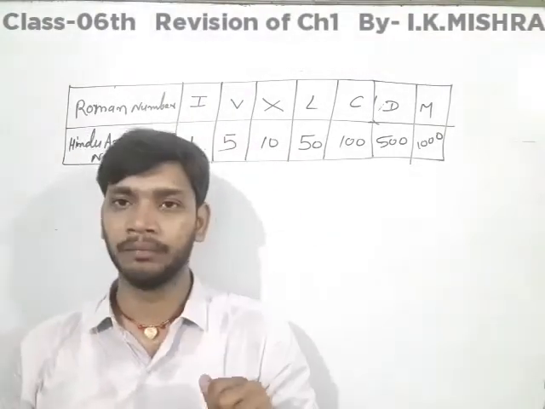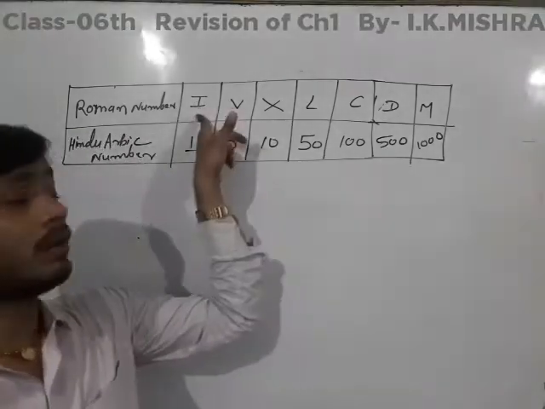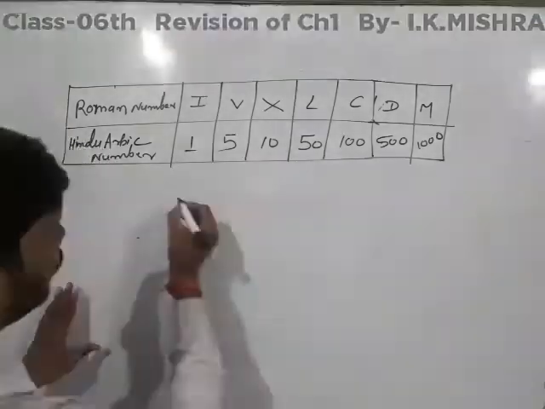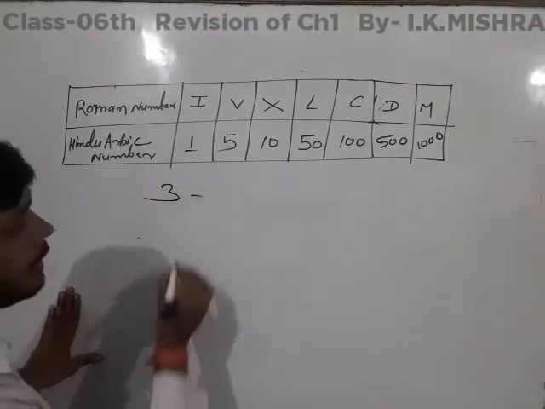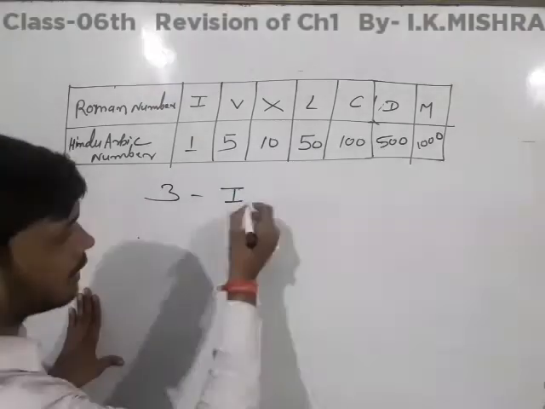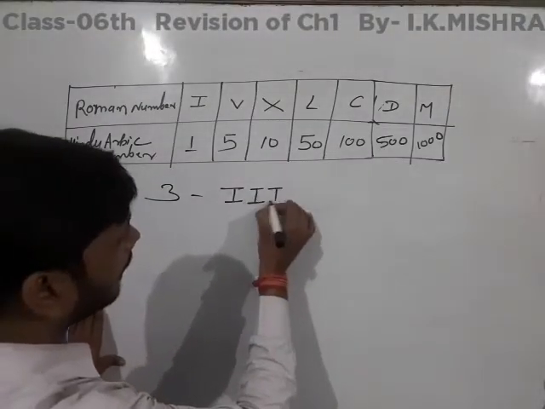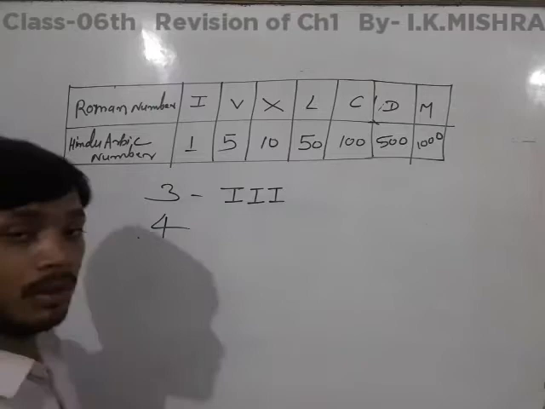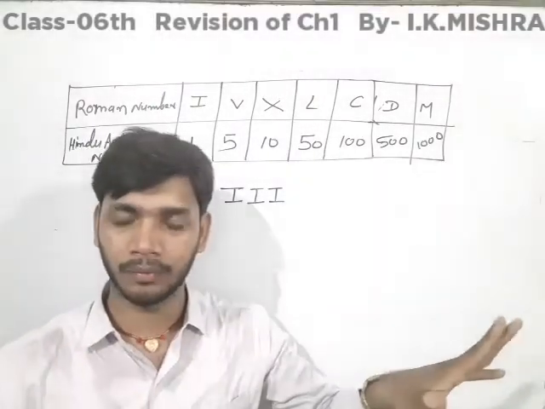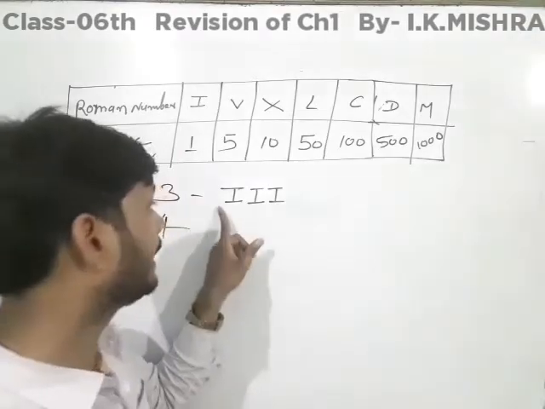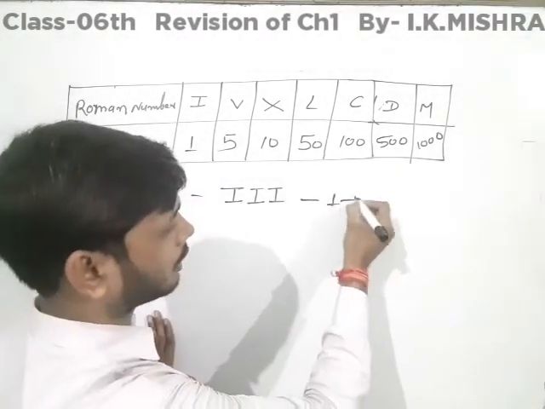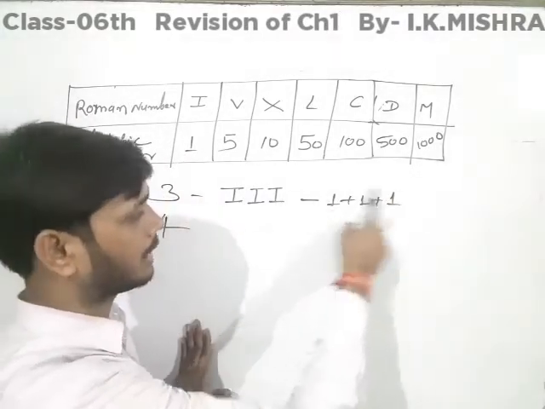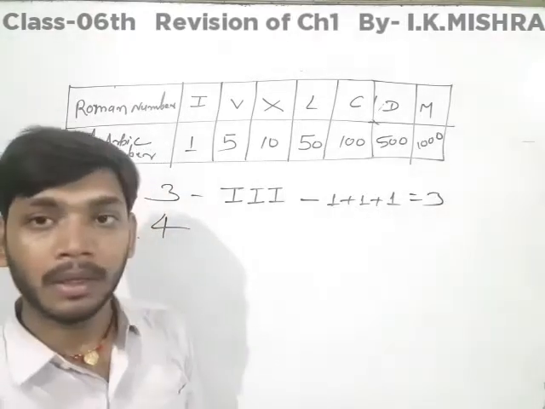Suppose you have to write 3, that means 1 plus 1 plus 1, so you write I I I. But if you have to write 4, you can't write 4 I's. I for 1, I for 1, I for 1 becomes 3.